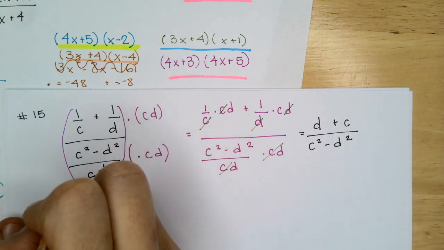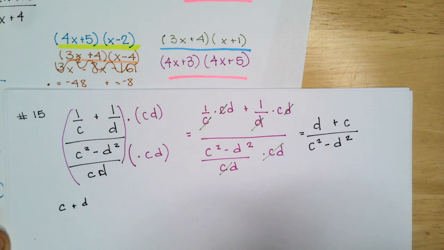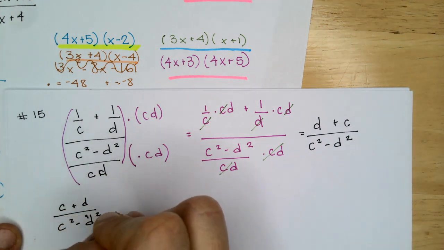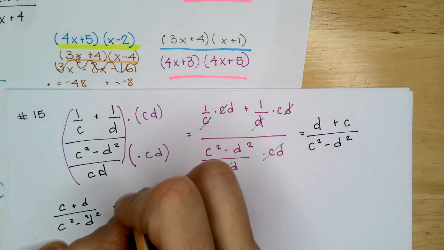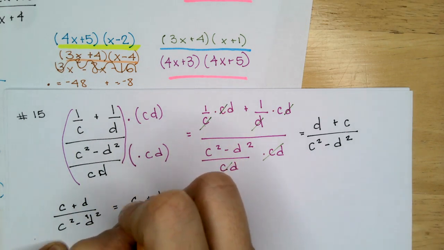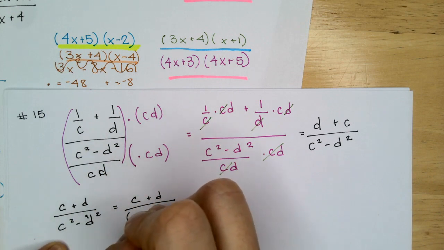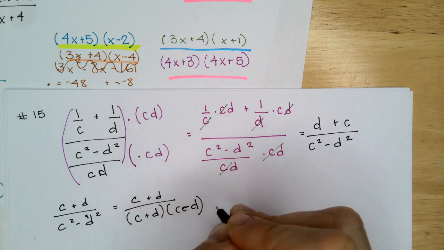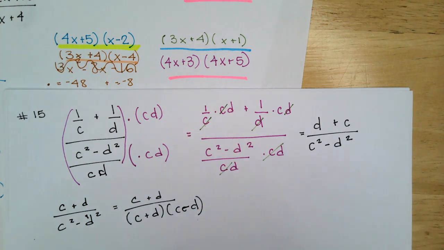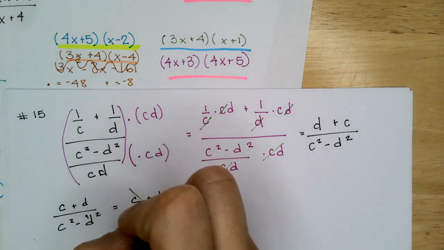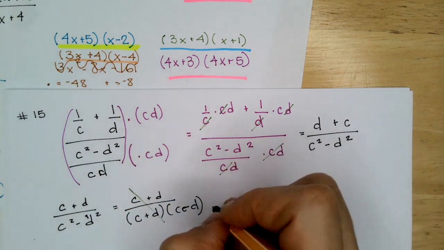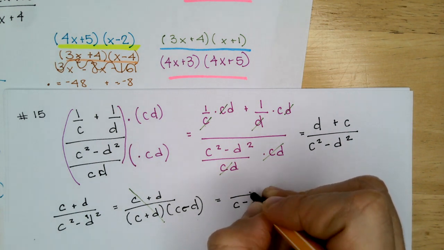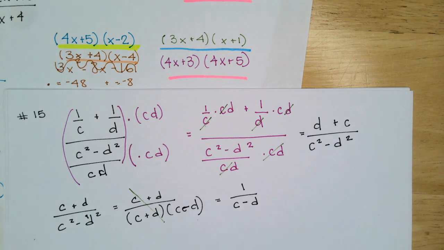So now we have d plus c becomes c plus d over c squared minus d squared, which is the difference of two squares. So the difference of two squares says that this would be c plus d times c minus d. I can cancel these, and what I get is c minus d on the bottom. If there's nothing on the top, you put a 1.